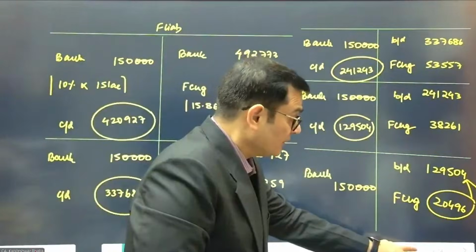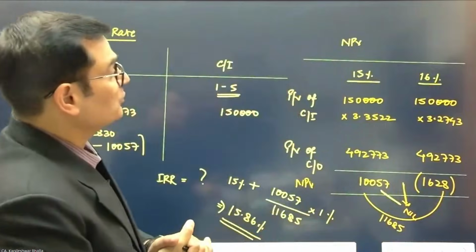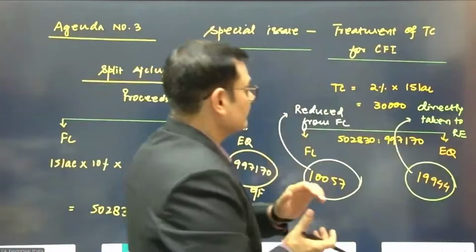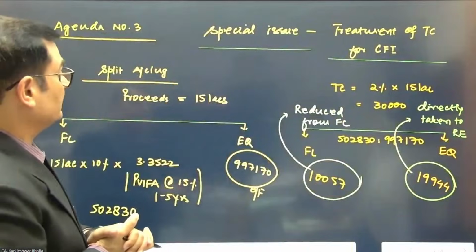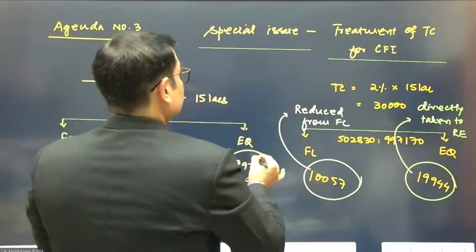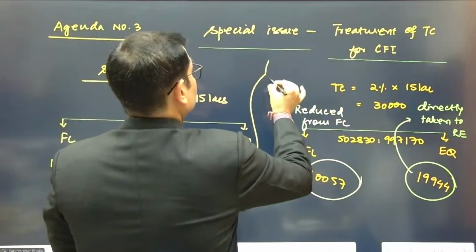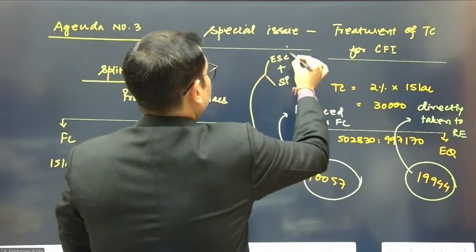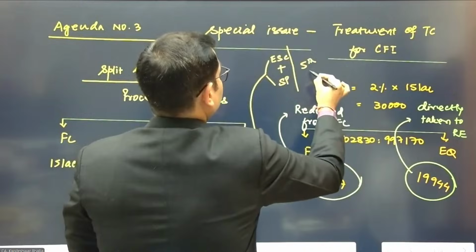And what do you do now in terms of equity? Can I say this equity element which is there with us is going to be divided in terms of equity share capital and share premium at the 5th year end?